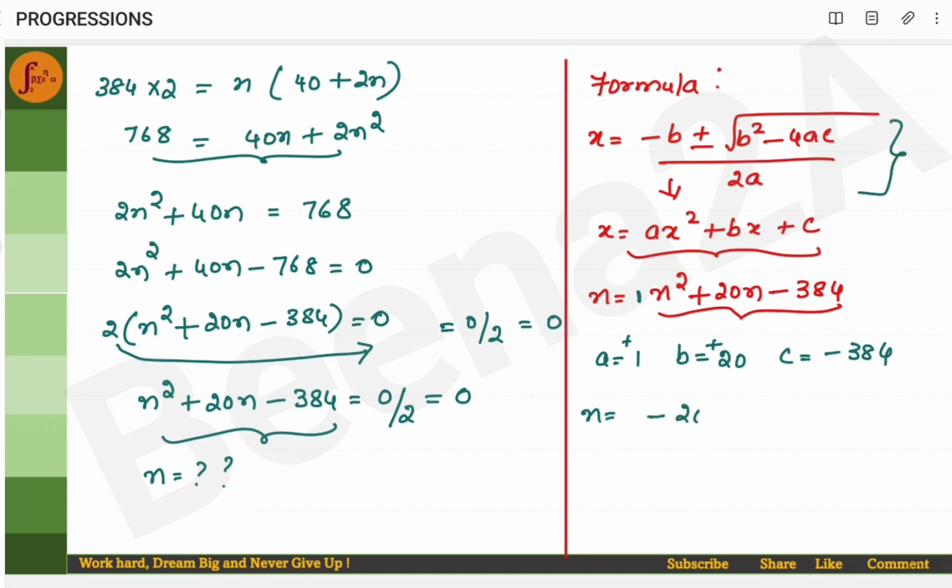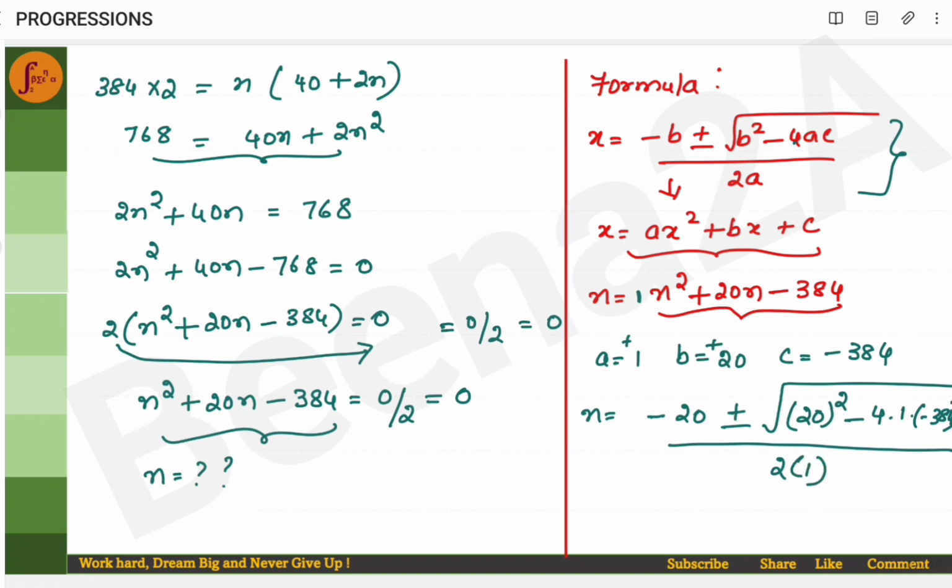Now we'll substitute n is equal to, we'll substitute in this formula. Minus b, that is minus 20, plus or minus root of b square. What is b square? 20 square minus 4 into a, which is 1, into c, which is minus 384, by 2a, 2 into 1.